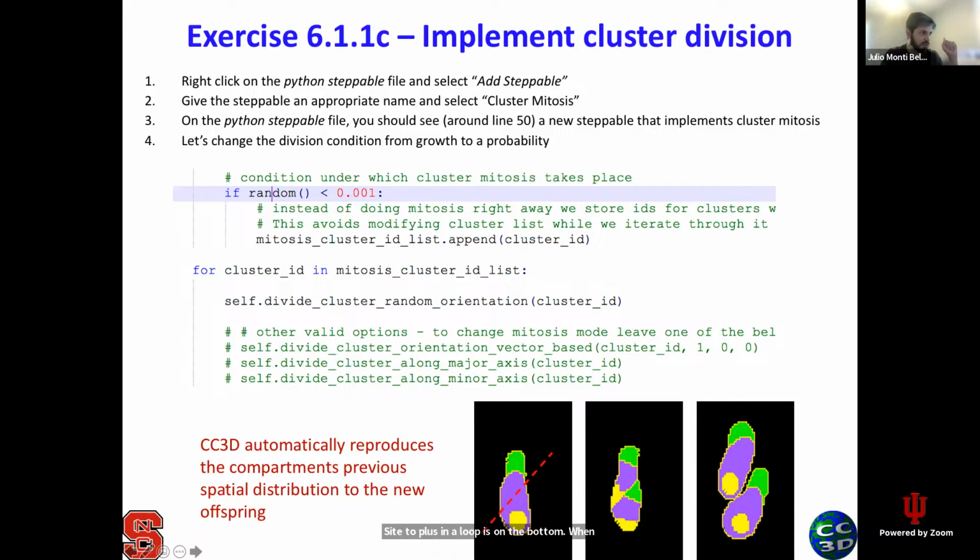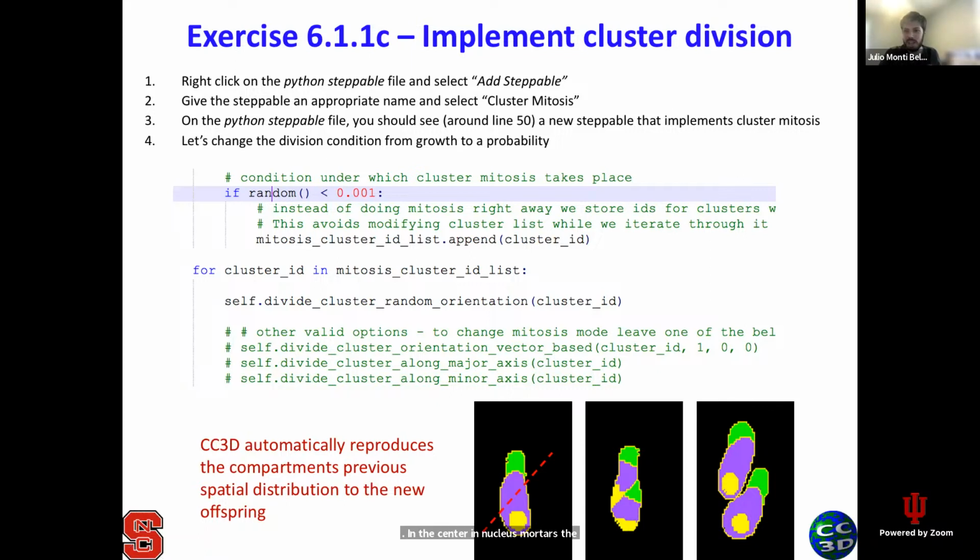When it makes those two cells, it tries to place the compartments more or less in the same positions that you had before, which would be lamellipodium on top, cytoplasm in the middle, nucleus on the back, and for the new cell that's here, it is going to be lamellipodium on top, a cytoplasm in the center, and nucleus more towards the back.